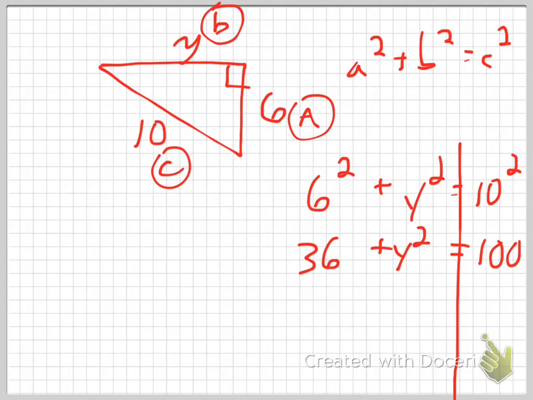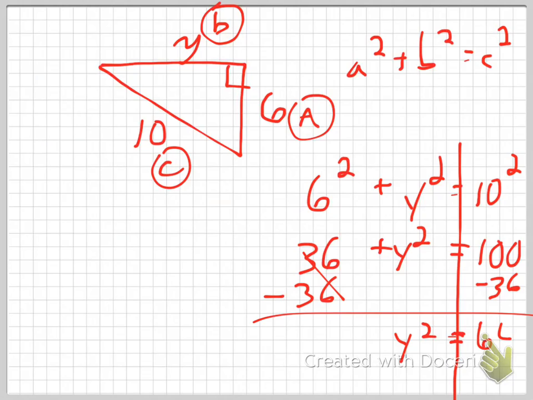The variable's not happy. We're supposed to do this in reverse order of operations, which means, do I worry about him being squared yet? No, that's way up on the list, right? We go from the bottom, adding and subtracting. So I get rid of that 36. How do I get rid of that 36? Minus 36 minus 36. Y squared equals, what's 100 minus 36? 64. Now look, is the variable happy yet?